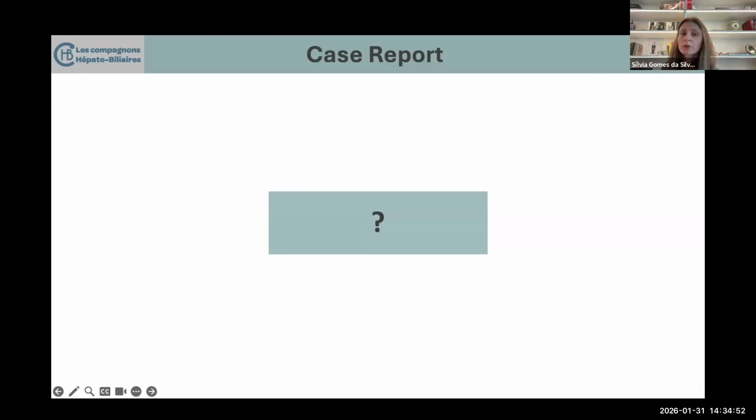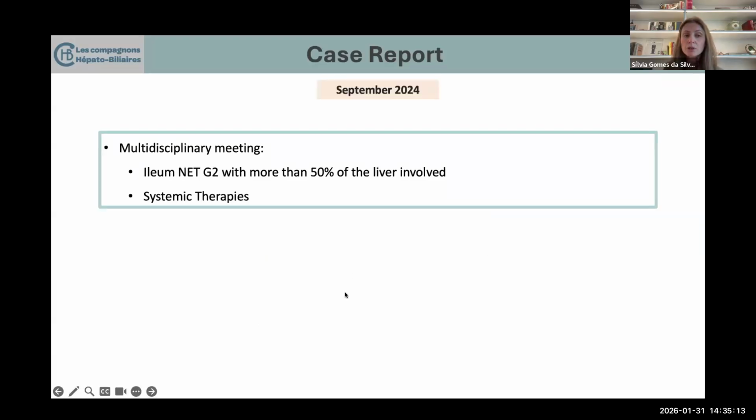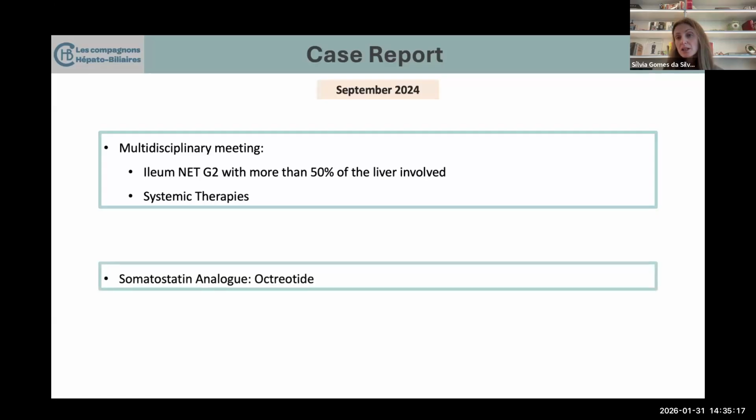Yes, actually, we agree with all of you. We thought that we would have a very congestive liver, so resection was not good at this point, and we prioritized the optimization of the carcinoid syndrome. So we proposed starting with systemic therapy and optimization in the cardiology appointment.